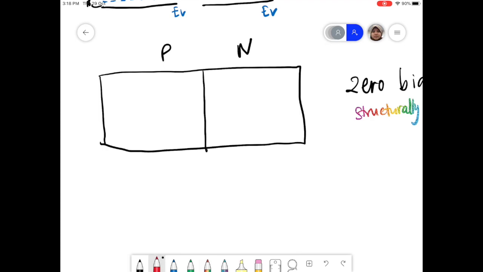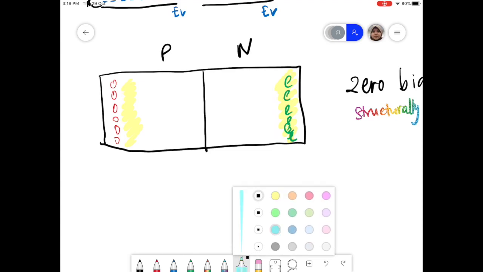So P and N. At the P side you have majority holes, and at the N side you have a lot of electrons, but very little electrons at the P. You still have some, but the electrons are minority.